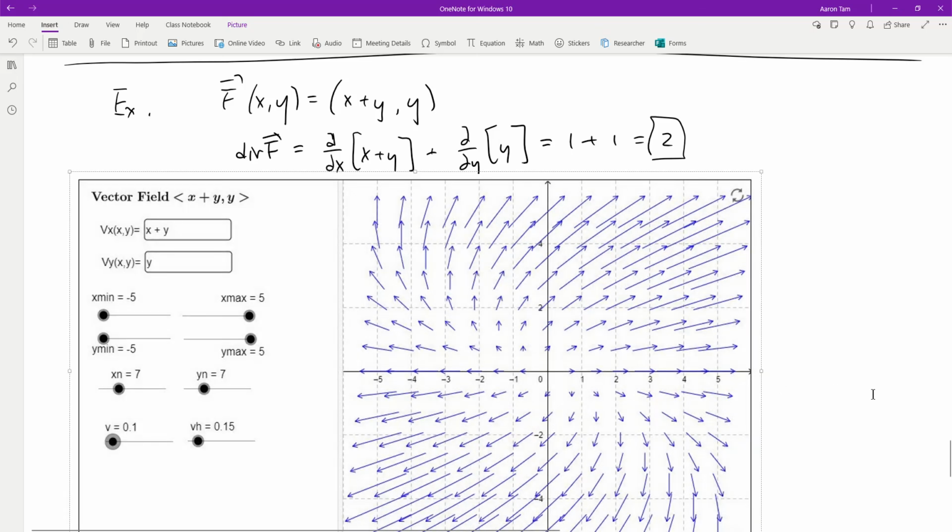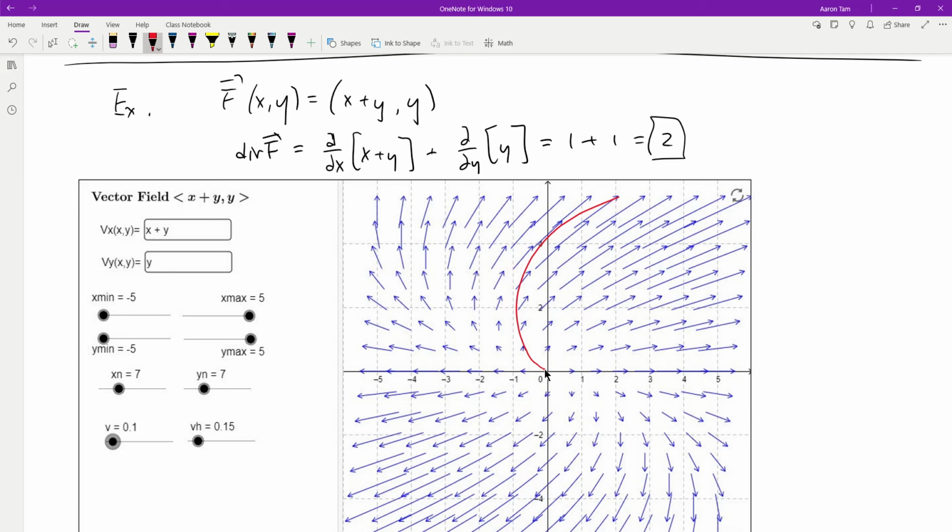But the idea is that as they curve away from each other, they maintain how far apart they are by gradually growing at a constant rate. So you can see that the flow lines, as you draw them, gradually diverge from each other, and the way they diverge maintains the same magnitude, which is in this case 2.